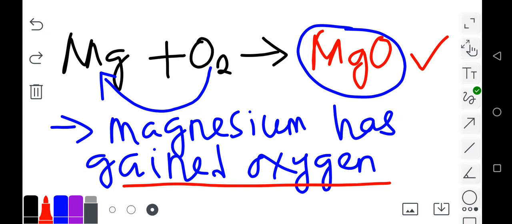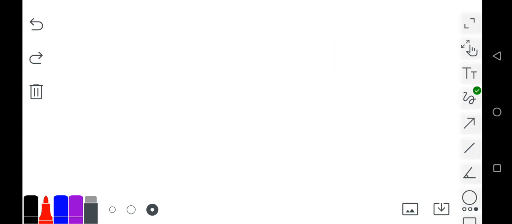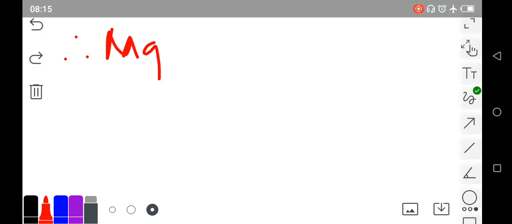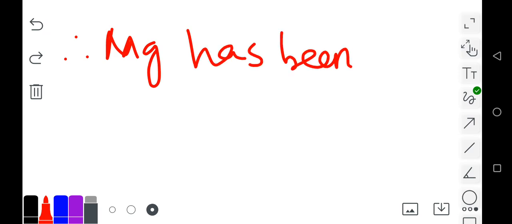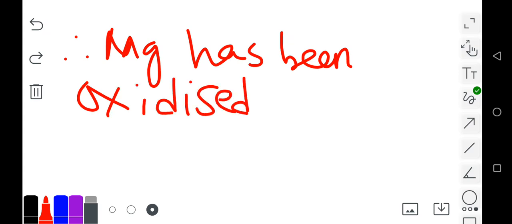So therefore we say that magnesium has been oxidized.